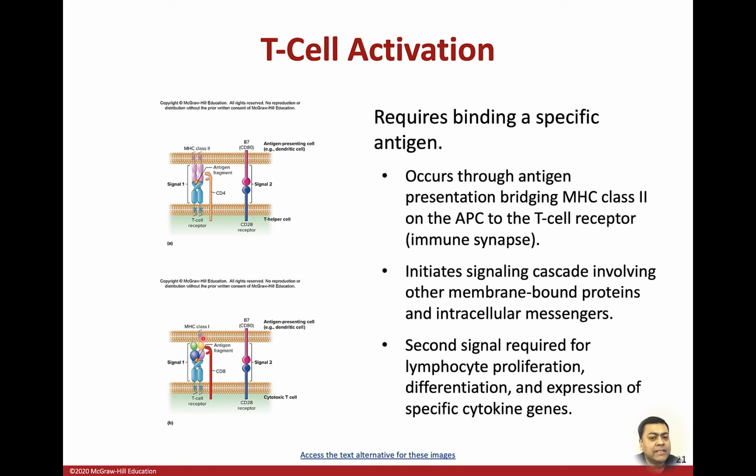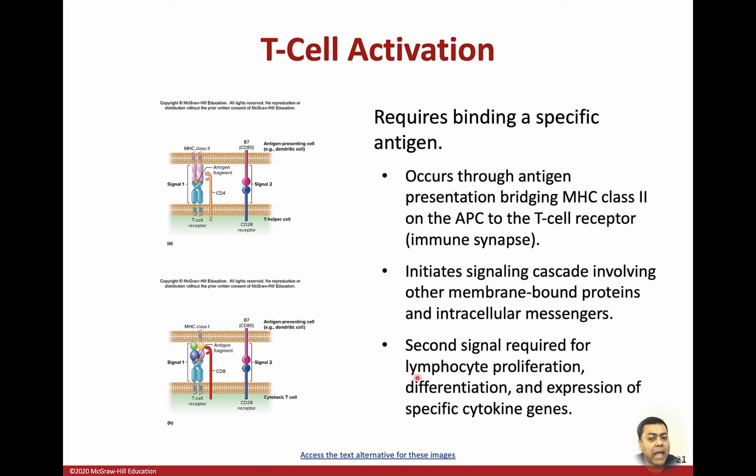And that's the reason that a normal cell will not be able to activate lymphocyte proliferation, differentiation, or expression of the specific cytokine. What happens is that the CD8 will recognize that there is a foreign antigen, it will get activated and kill that cell, but it will not be able to activate the immune system.